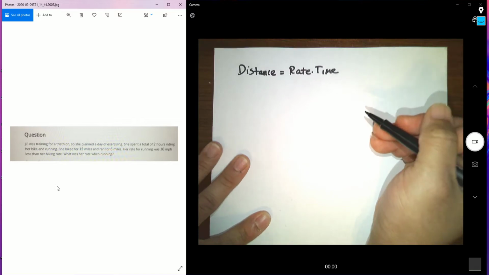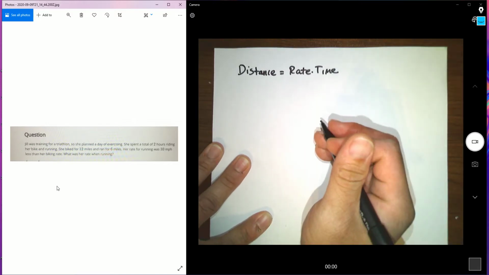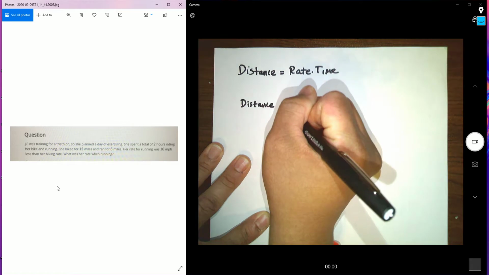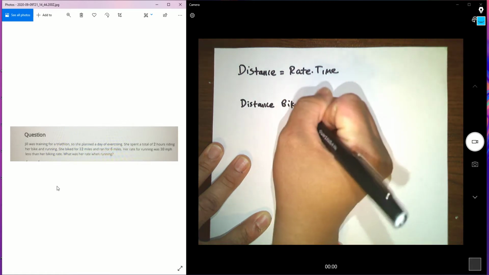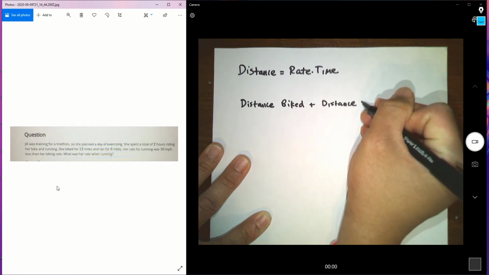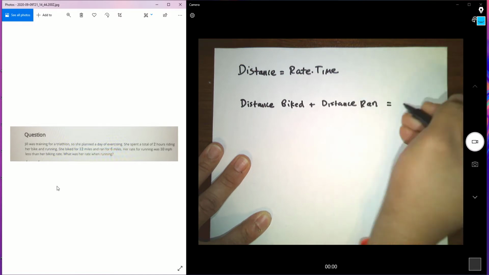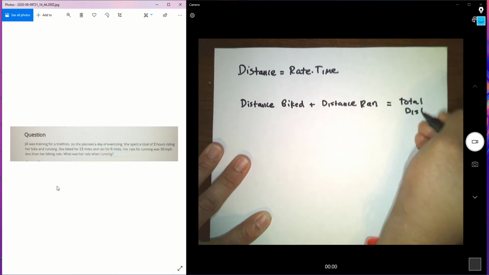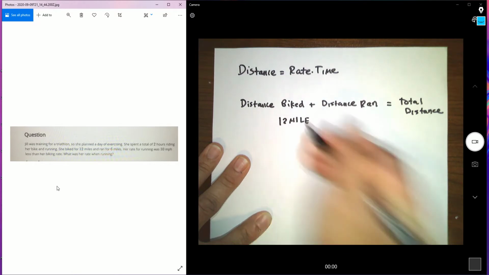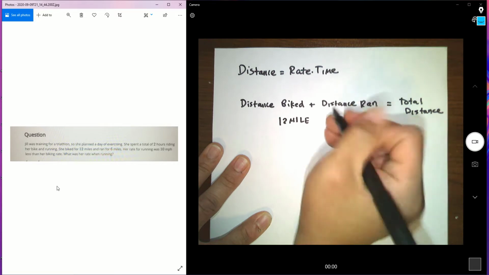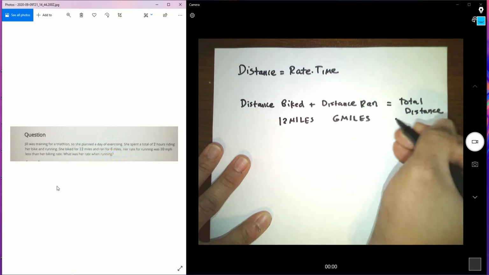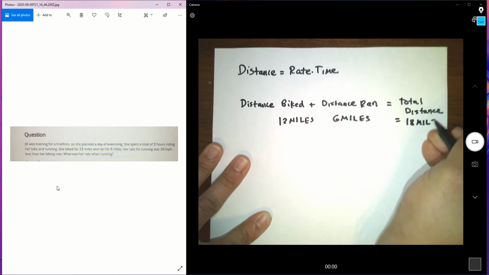So the distance that she biked plus the distance that she ran will equal the total distance. We know that Jill biked for 12 miles and that she ran for 6 miles. So she went 18 miles total.